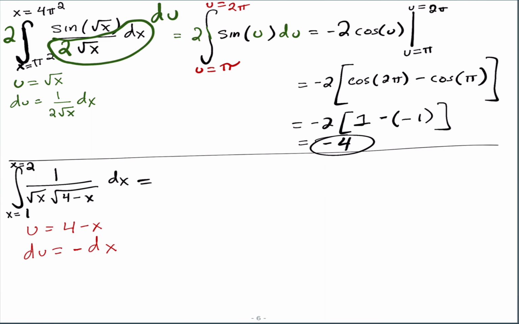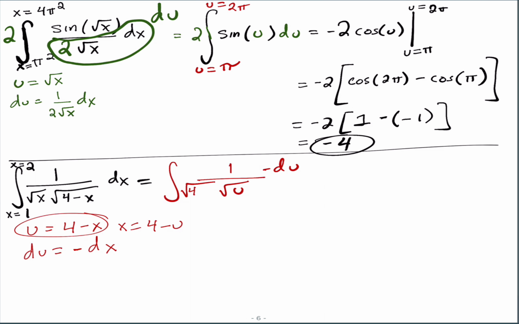So this would be a minus du. You would have a square root of u, and then what's square root of x? If you solve for x here, you would get 4 minus u, right? So what do you think about that compared to the original one? Looks almost identical, right? So that's no good.